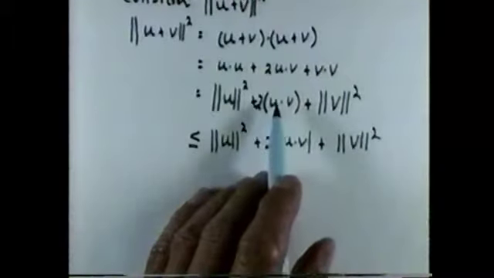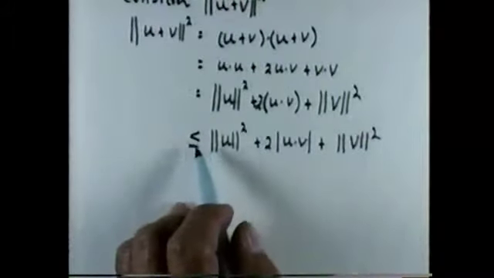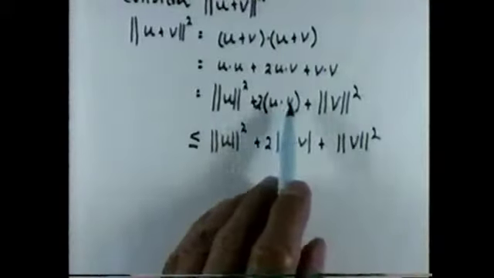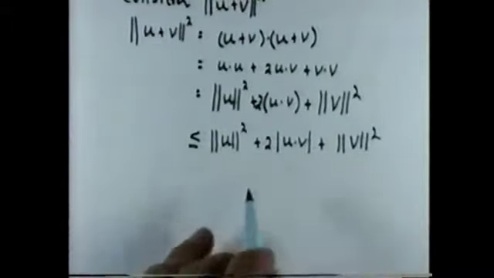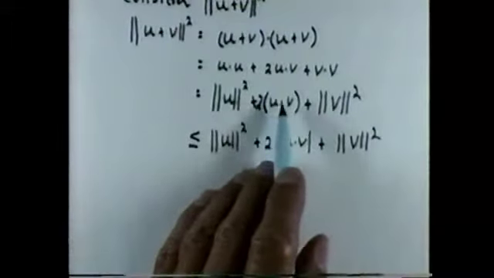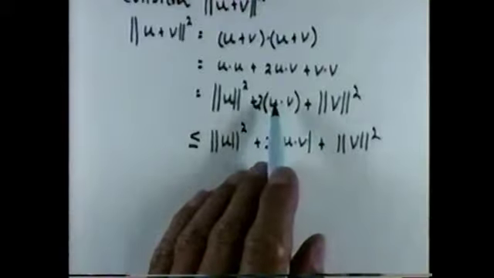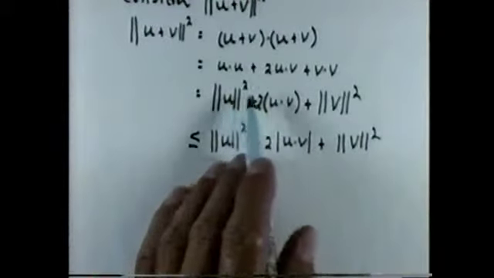So in either case, it's either less than or equal. Again, if u dot v is positive, the absolute value of a positive is positive, so we have the equals case. If u dot v is negative, then this negative takes away from the magnitude here, which gives the less than case.